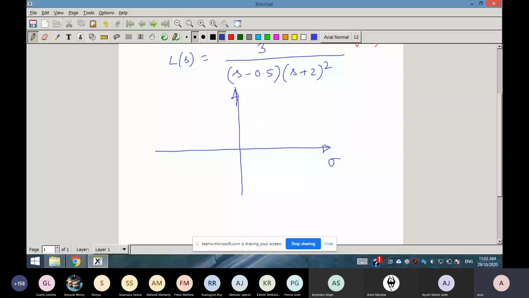So suppose here one root is at 0.5 and another two roots are at minus 2, minus 2. How will the root locus look then? If you draw it, the root locus will look like this. Three roots will go to infinity, so the root locus will go like this.